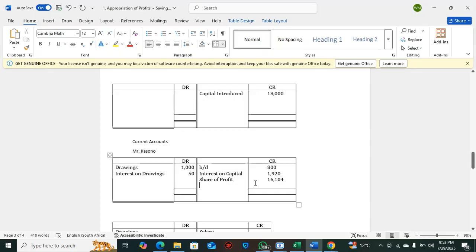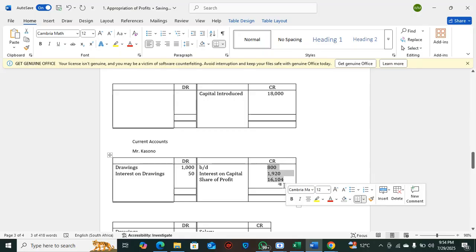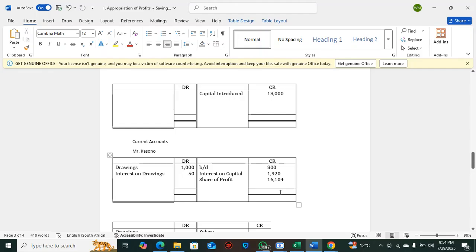So we have to balance this out. We total up and see which is the greater side. As we can see, it's the credit side. So 800 plus 1,920 plus 16,104. What do we get? 18,824.